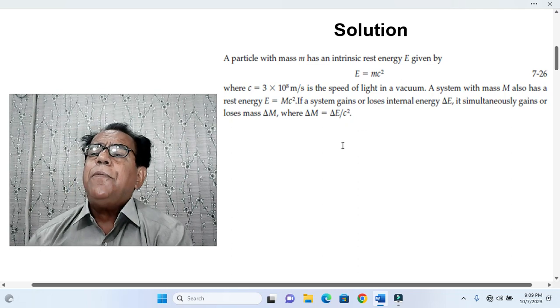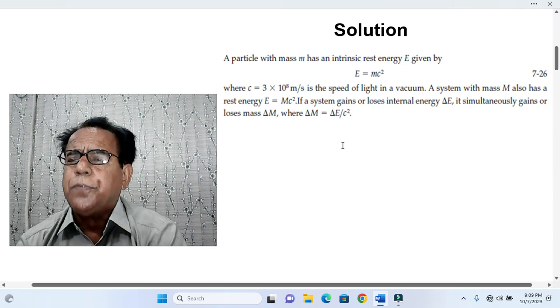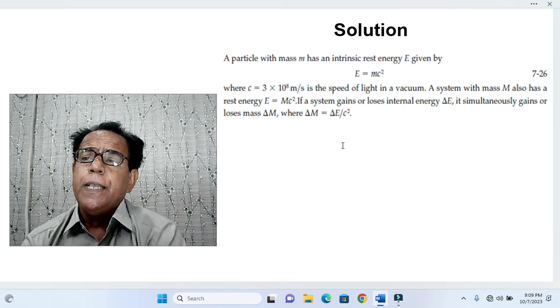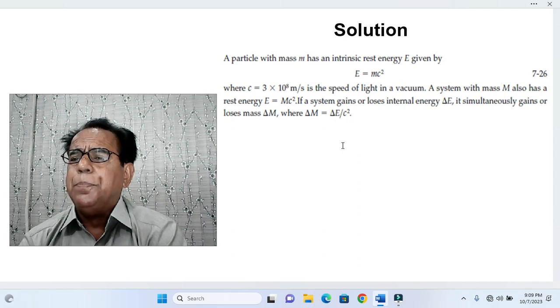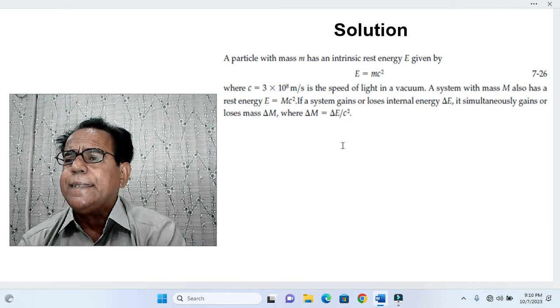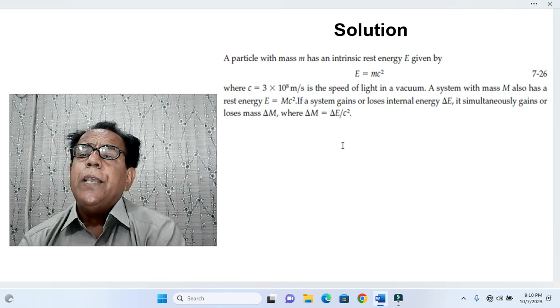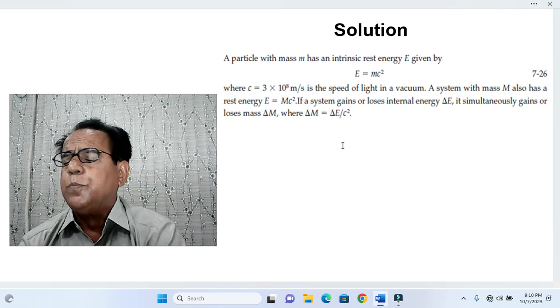Our solution of this problem will be based on the philosophy conveyed by this snapshot. According to this snapshot, a particle with mass m has an intrinsic rest energy E given by E equal to mc square, where c is equal to 3 into 10 raised to the power 8 meter per second, the speed of light in a vacuum.